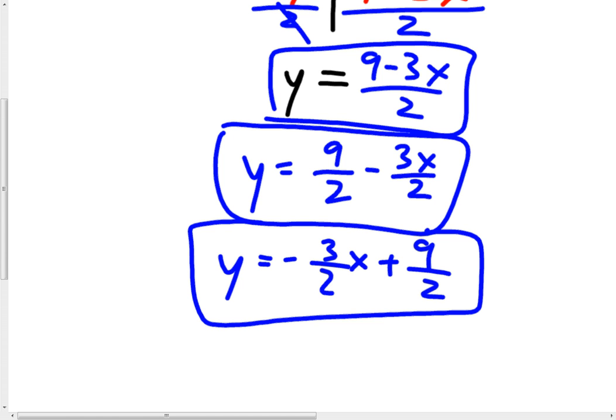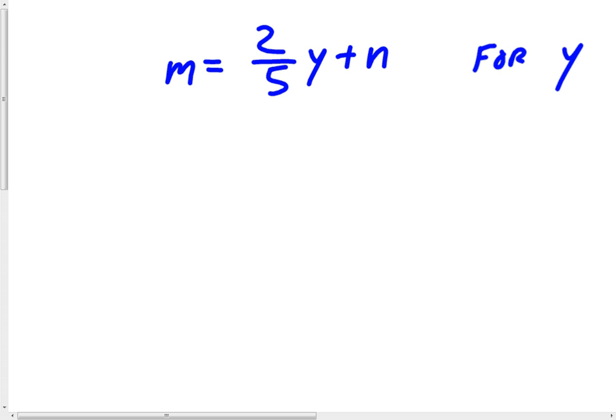Skip to, let's see, let's take a look at question 17. M equals 2/5 y plus n. The important part of this is the last part.